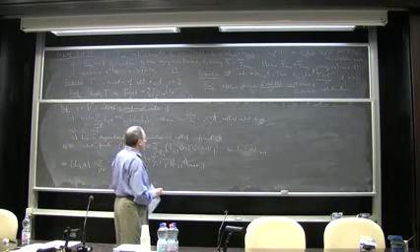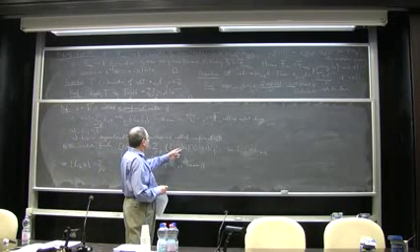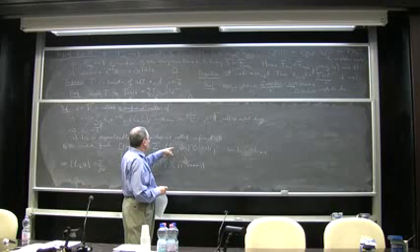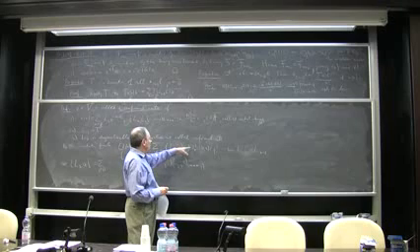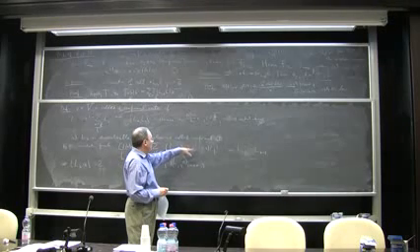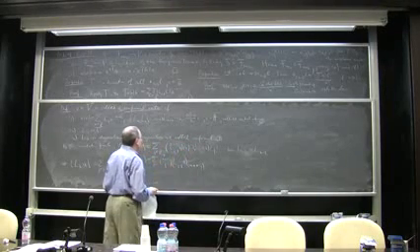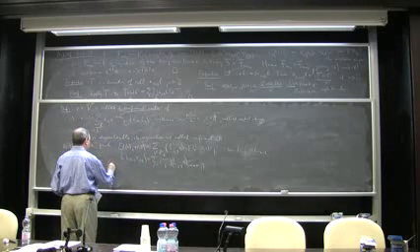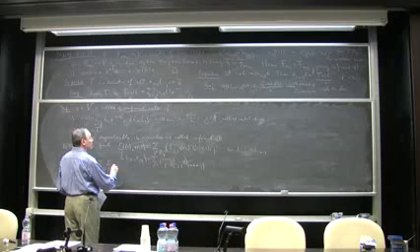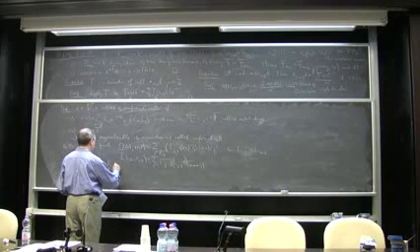The lambda bracket consists of just taking this element and putting in front lambda to the j over j factorial. Simply, the derivative of the delta function is replaced by lambda to the j. So it gives you the sum of lambda to the j over j factorial L_{j-1}.